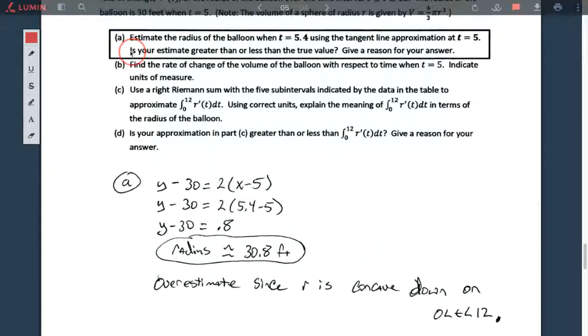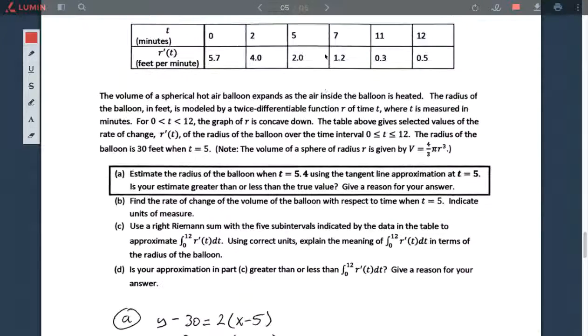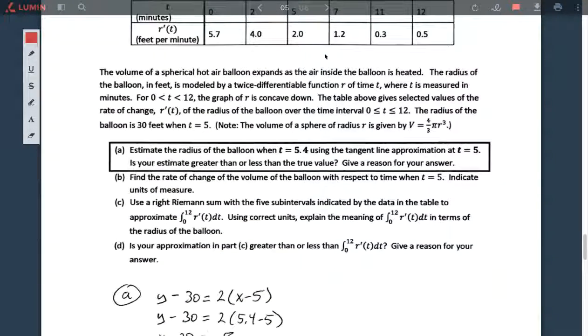Then this one has another one. Is your estimate greater than or less than the true value? Remember, we talked the other day, and we determined that if you want to figure out whether your estimate is an over or underestimate, you need to look at the second derivative and determine whether you're concave up or concave down.